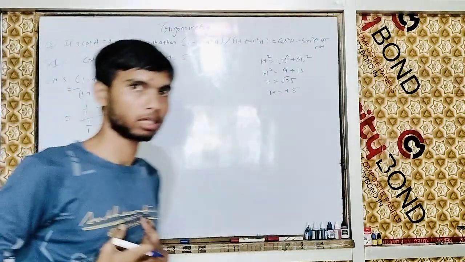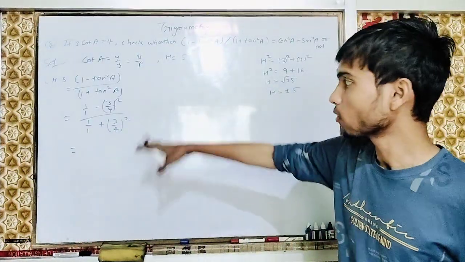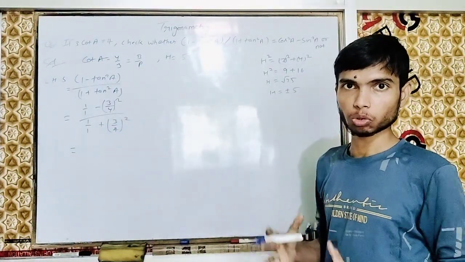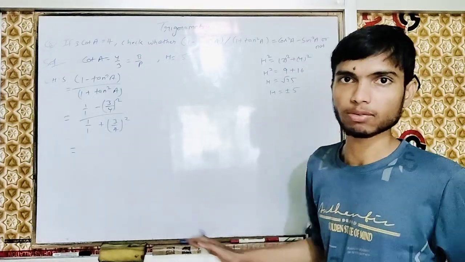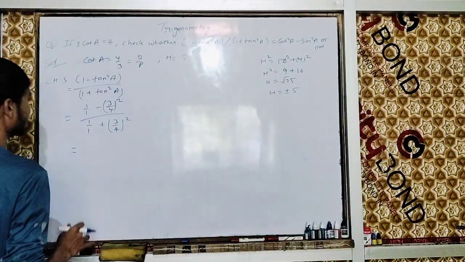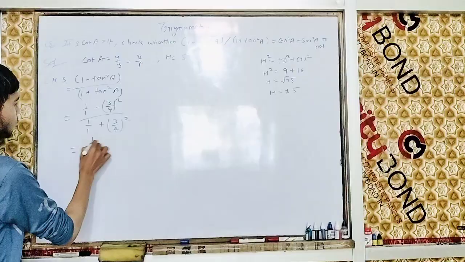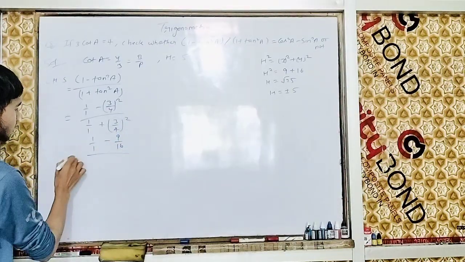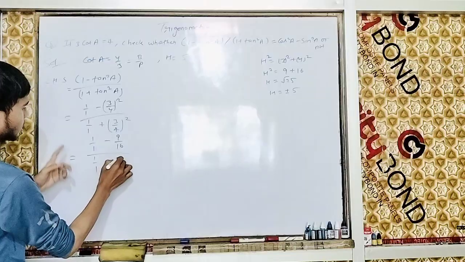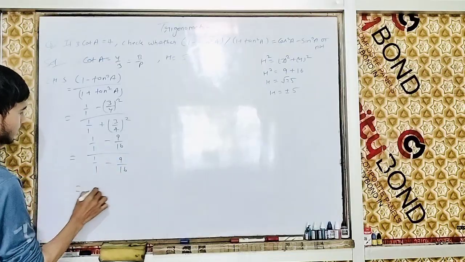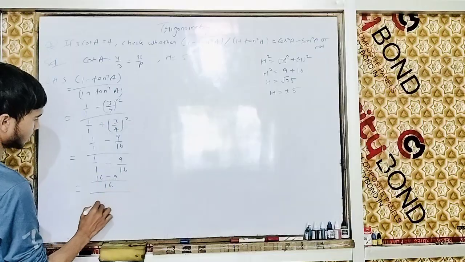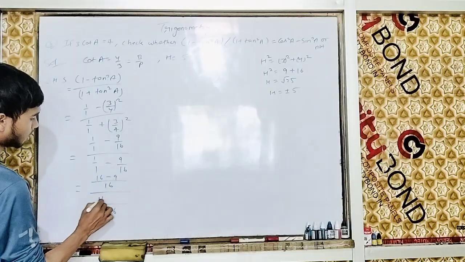Now our work ahead is to simplify. That's it. We are not going to substitute after this because we have substituted. So let's simplify this together. 1 upon 1, then here 3 3 is 9, 4 4 is 16. Next we have the denominator, same here, 3 3 is 9, 16. Then 16 minus 9, then again 16 minus 9.